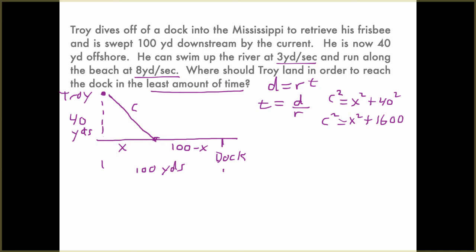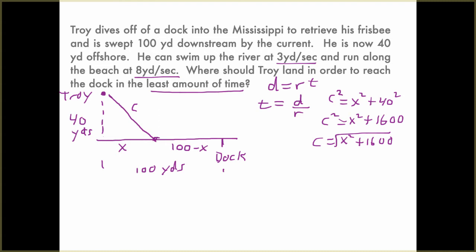And if we solve for C, we get C equals the square root of X squared plus 1600. So that is my distance in the water. Our distance on the land is 100 minus X. So we figured out our distance in the water, we figured out our distance on the land, and we're trying to find time.